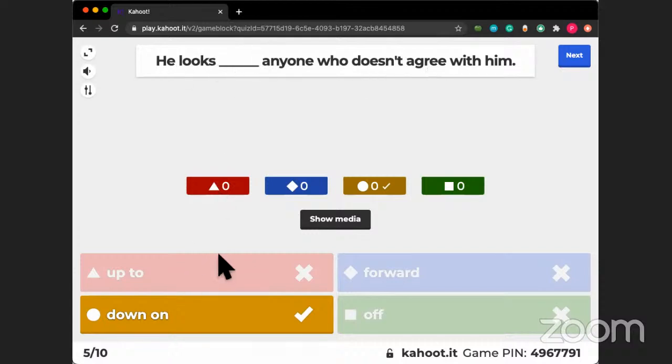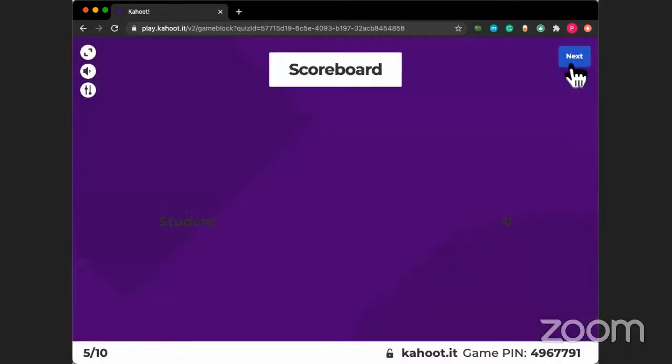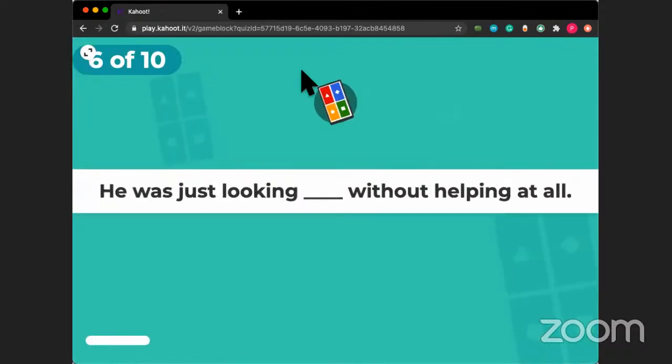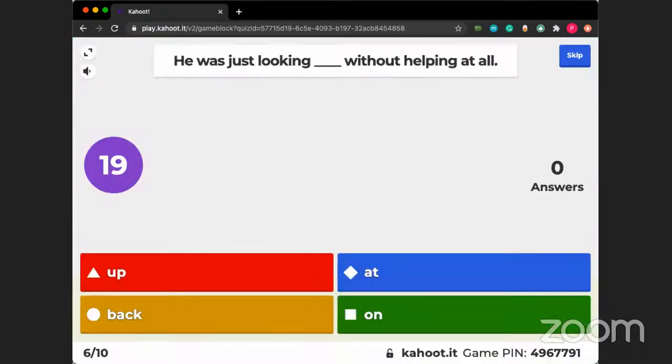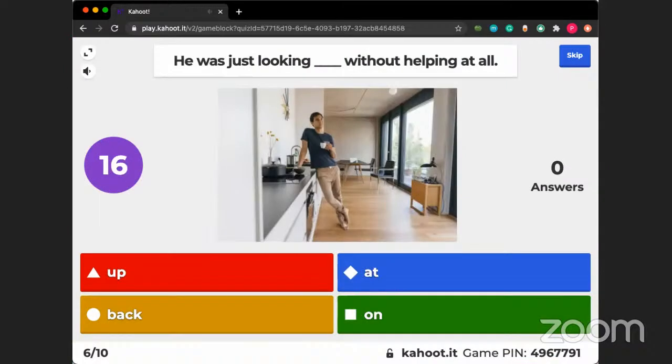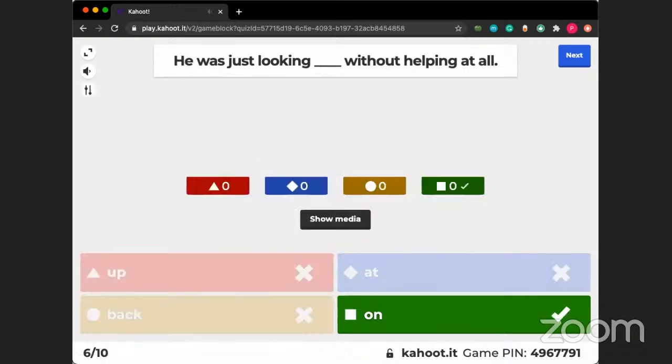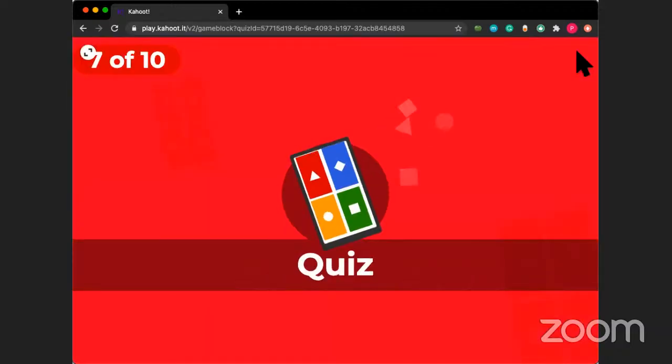Looks down on is the phrasal verb. So he was just looking on without help at all.